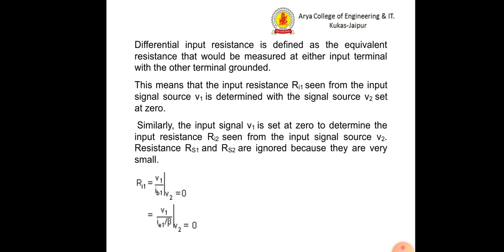This means that the input resistance Ri1 seen from the input signal source V1 is determined with the signal source V2 set to 0. This has also been expressed in the form of the equation below. Here we have Ri1 equals V1 upon Ib1, keeping V0 equals V2 equals 0.